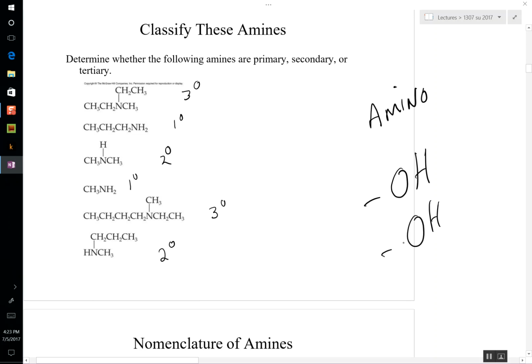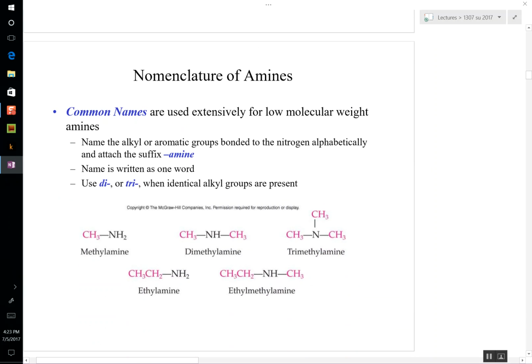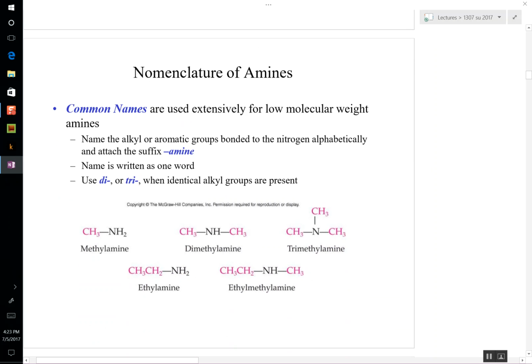Can you do problem B from the homework? Number 2B. And what's that? Just to name it? Yes.